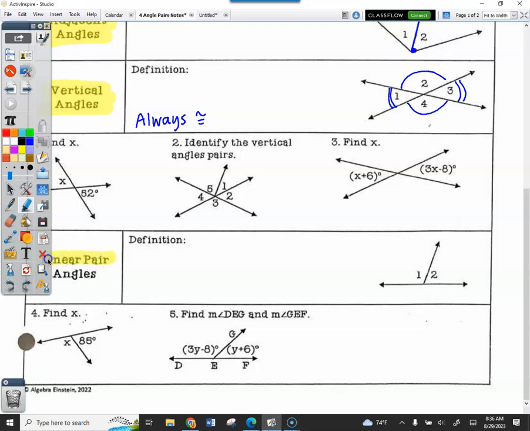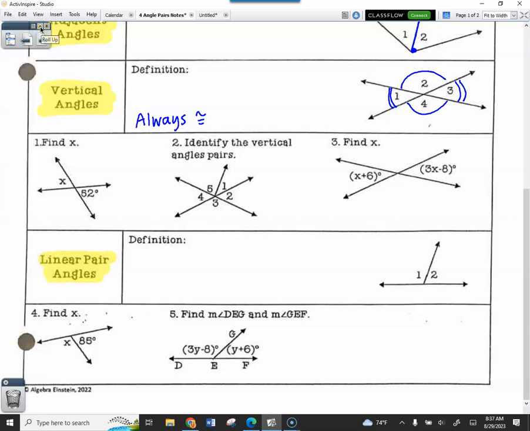I want you to highlight linear pair angles. What word do you hear in linear? Line. Write it above it.